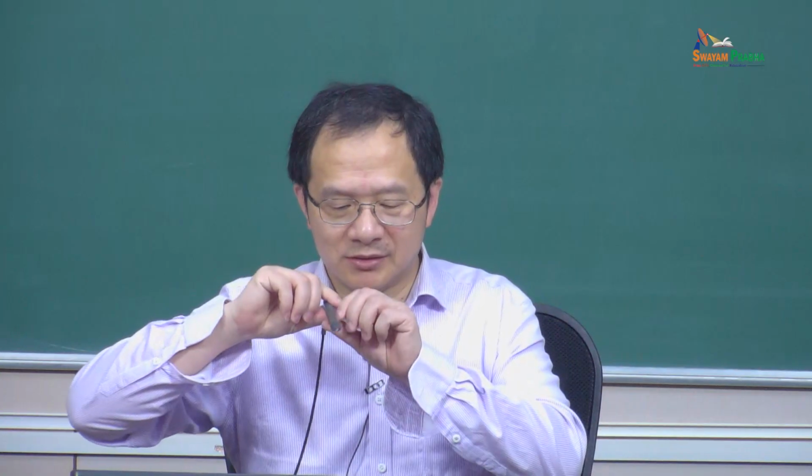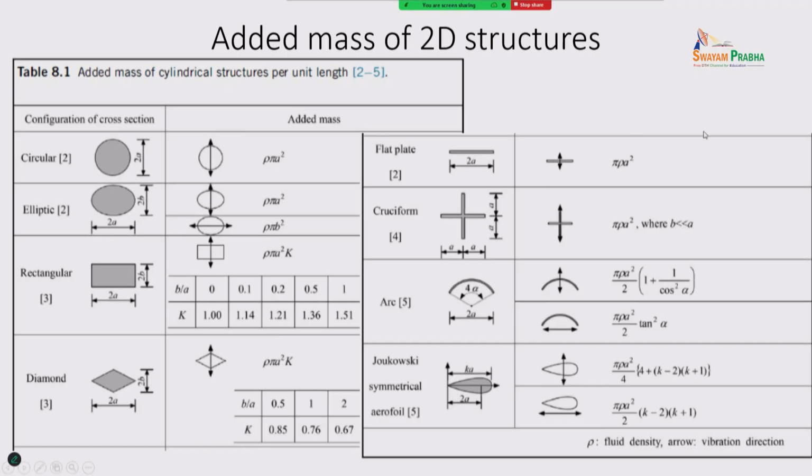And if the cylinder is not a round shape, it can be a different shape, and this cross section matters. You can have a diamond shape, whatever like that. You have a flat plate, and the added mass depends on which direction it moves. Then you can get this equation. So this is a two-dimensional structure.